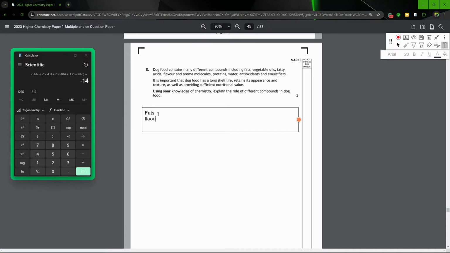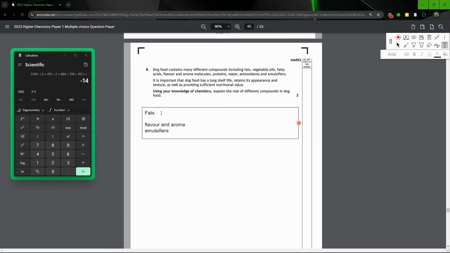If I can actually spell, I don't know how to spell flavor. It's right there. And aroma. So we can talk about that, and then maybe let's go and talk about emulsifiers as well, and then we can say other stuff. But we've just chosen stuff from that list, and let's go and talk about this.